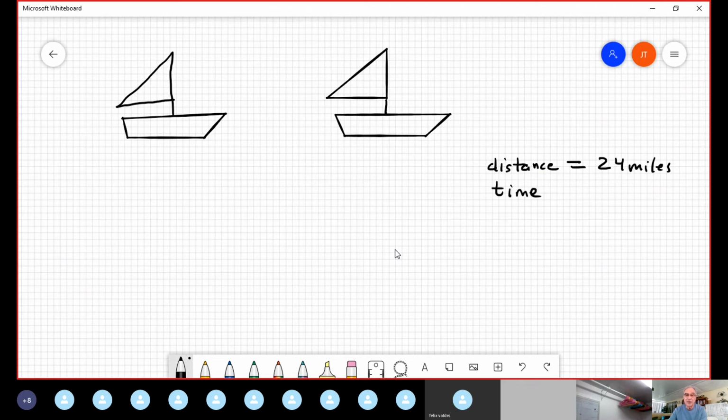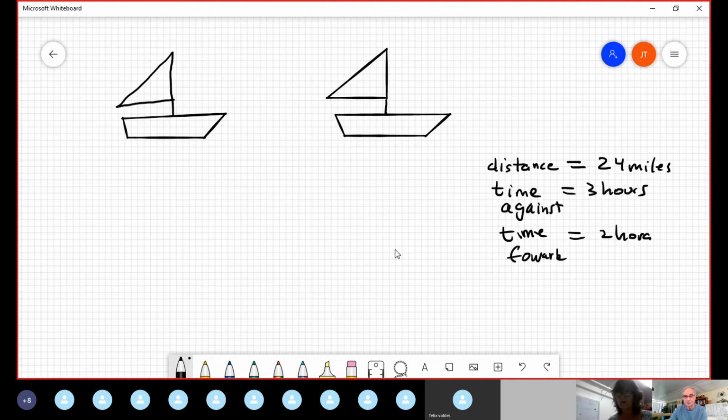The time when you go against the current is 3 hours. And the time when you go in the same direction, so forward, is 2 hours. So my problem talks about the speed of the boat.